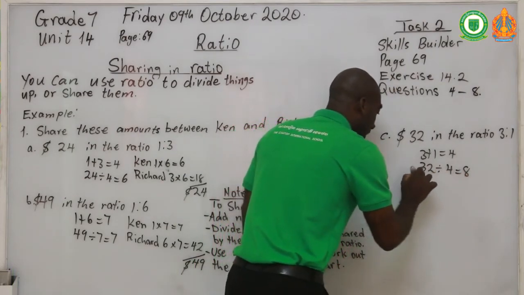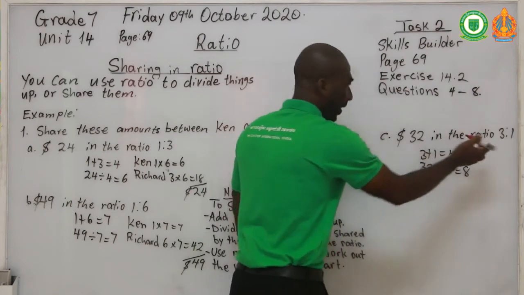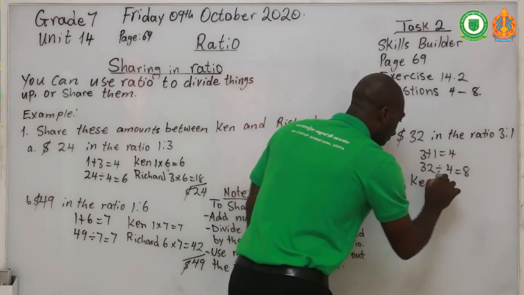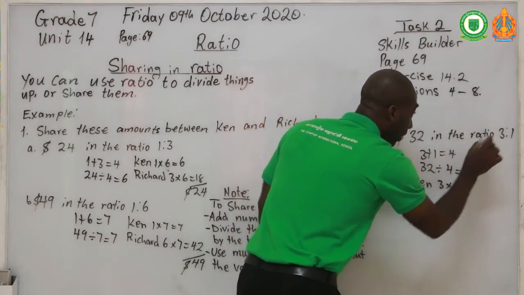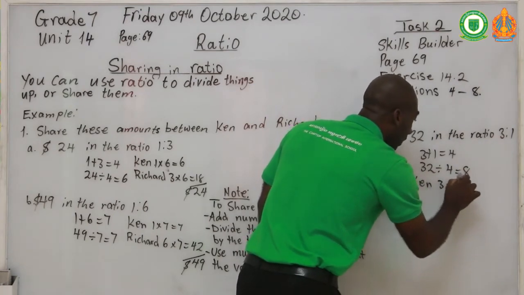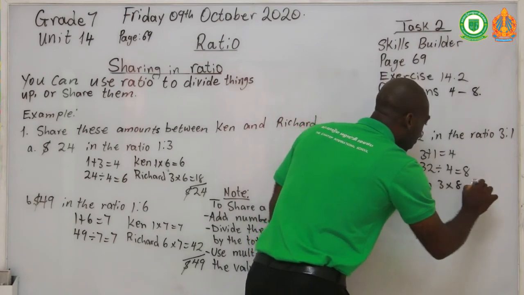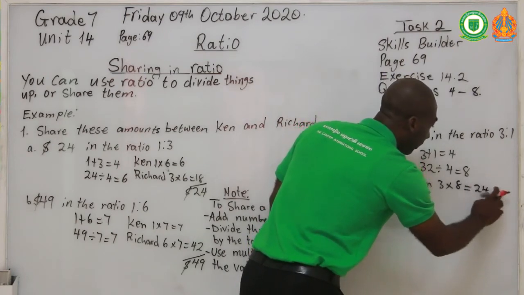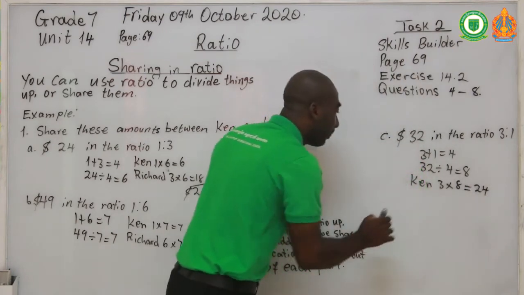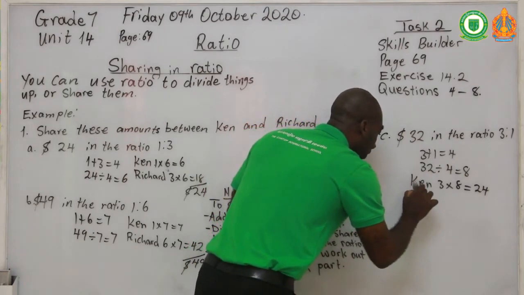So now we take Ken. Ken is having 3 points, so 3 by 8, and that will give us 24. And then we look at Richard.